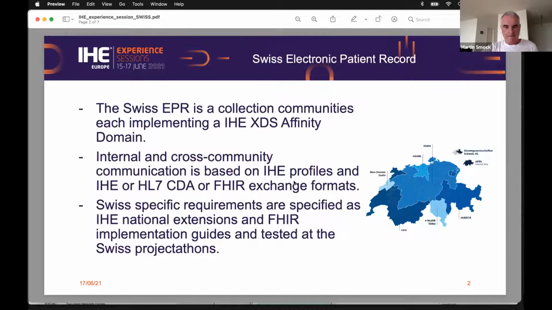All these communities communicate cross-community, exchanging data from the different regions, and internally and with the other communities they are enforced by law to use IHE profiles with HL7 CDA or file exchange format.